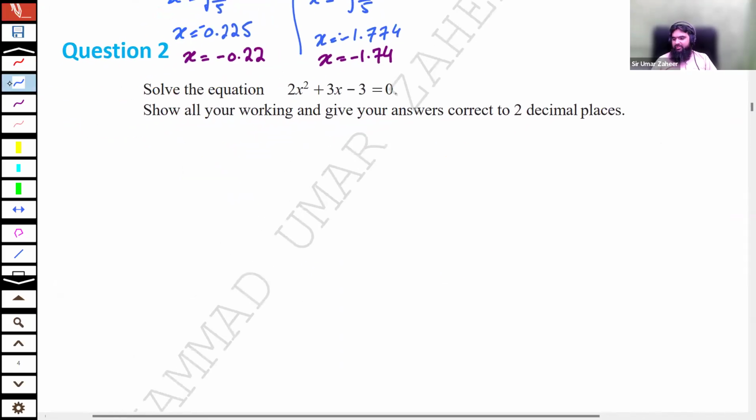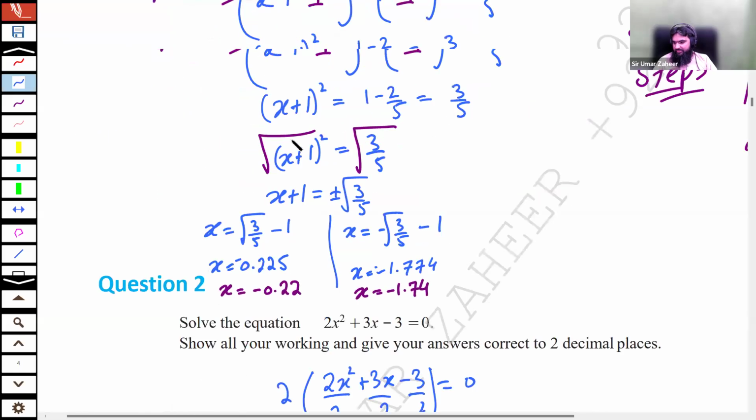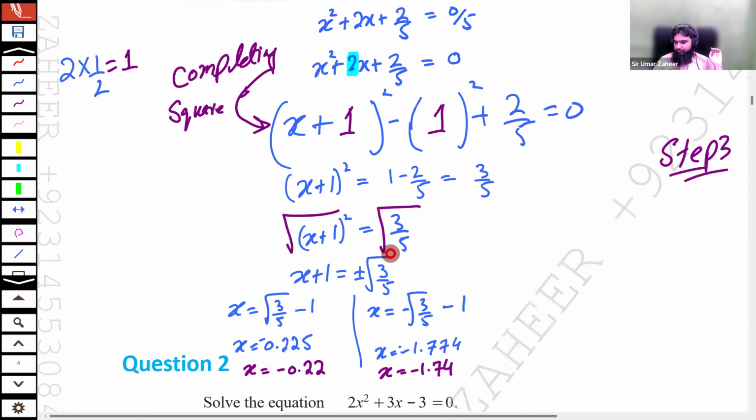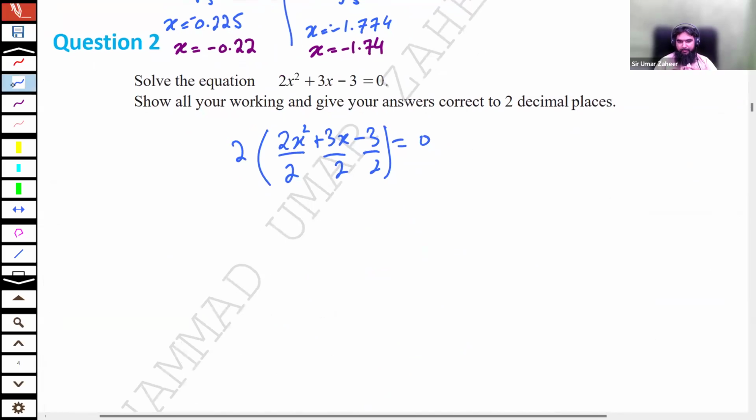Now, this is the quadratic equation and we have to do it by the completing square method. I just want the coefficient of x square to be 1, so I want to remove this 2. So I'm going to divide the whole equation by 2.